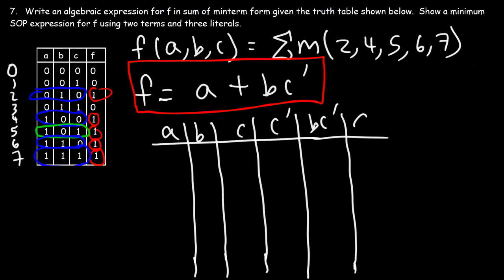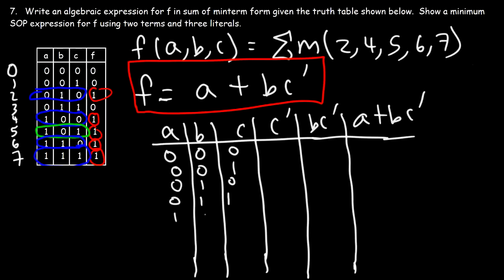So let's just write A plus BC prime. What we have in this column should match what we have here. So for ABC, it's going to be 0, 0, 0, 0, 0, 1, and you know how it goes. Now C prime, that's the complement of this column. So it's 1, 0, 1, 0, 1, 0, 1, 0.